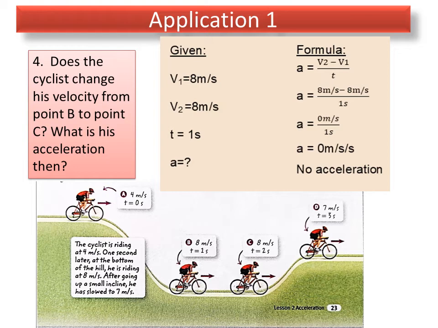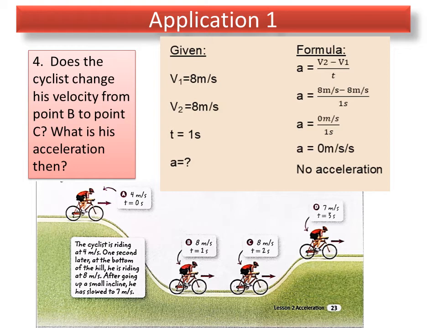We put the formula, acceleration equals V2 minus V1 over time. We substitute 8 meters per second minus 8 meters per second over 1 second. 8 minus 8 is 0. If you divide 0 by any number, it will give 0 meters per second squared.